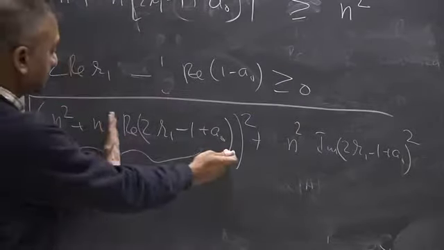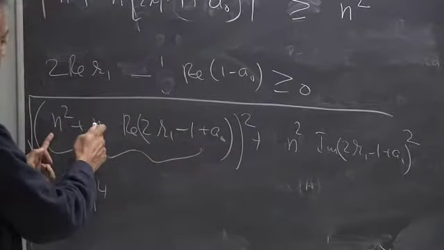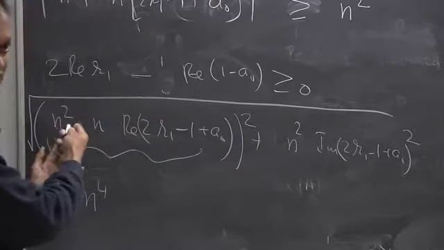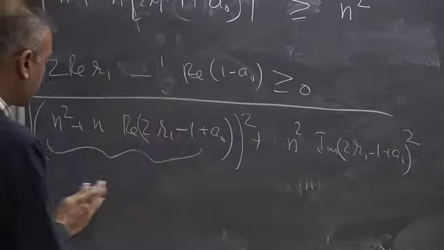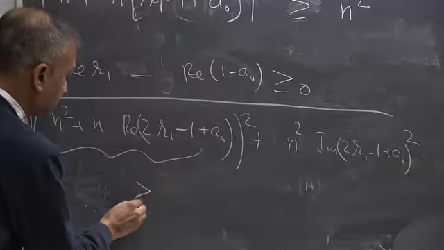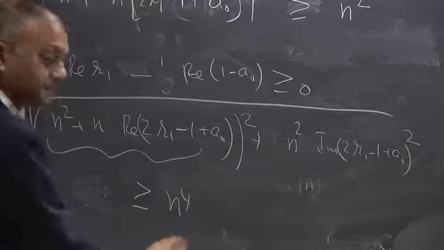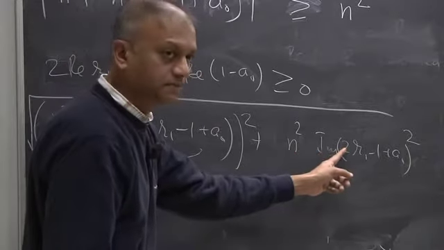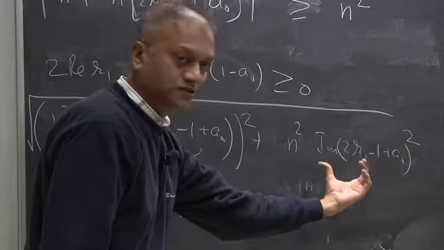So this quantity is positive. So it's n square plus something positive times n, whole square, right? n is of course positive. So the first term is greater than or equal to n to the 4. When you add this again to n square plus all that, this is again positive.